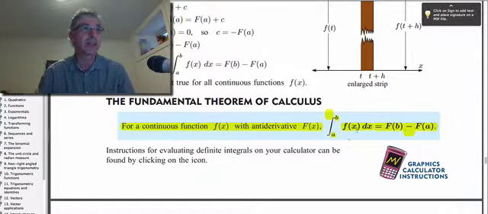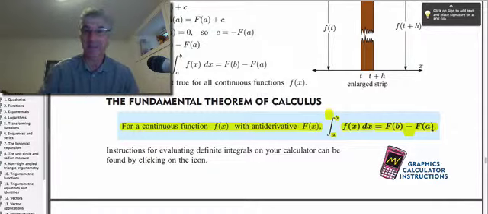So this is linking area, because this is what we know is the area under the curve between x equals a and x equals b. And this is the antiderivative. We evaluated at b and then at a. Wow, this is powerful stuff and opens up so many possibilities in maths for us.